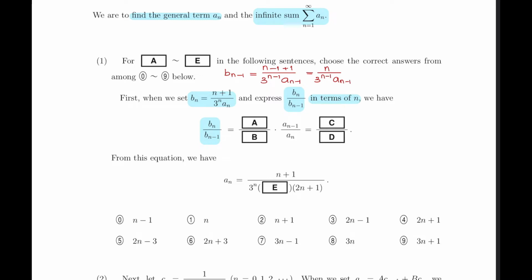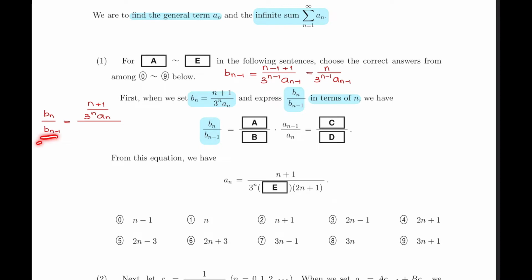After we get the expression of b(n minus 1), I will divide bn by it. So bn over b(n minus 1) equals (n plus 1) over 3 to the power of n times an, over b(n minus 1).